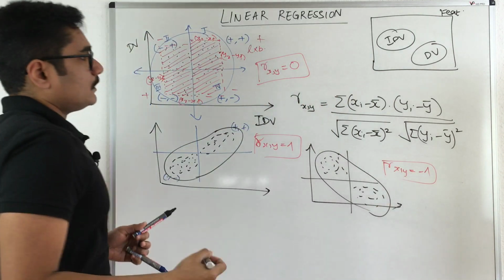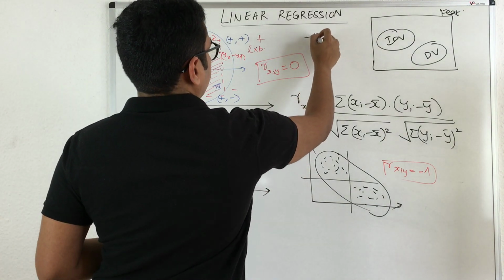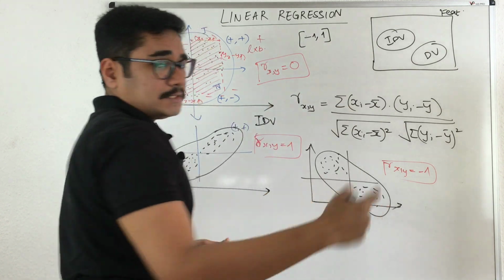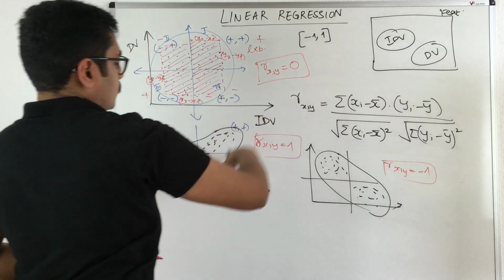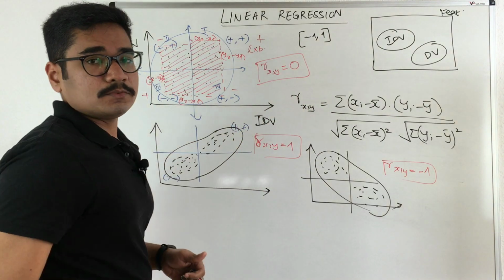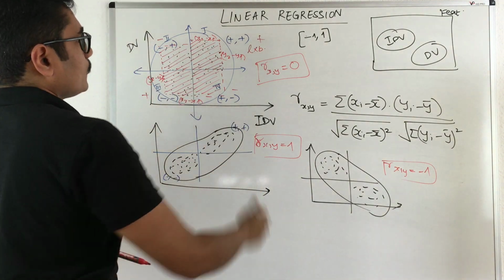So essentially, what is the range of your correlation coefficient? The correlation coefficient ranges from -1 to 1. If it is 1, they are highly correlated, and if it is 0, then that happens by chance, which means it is not present in the real world.